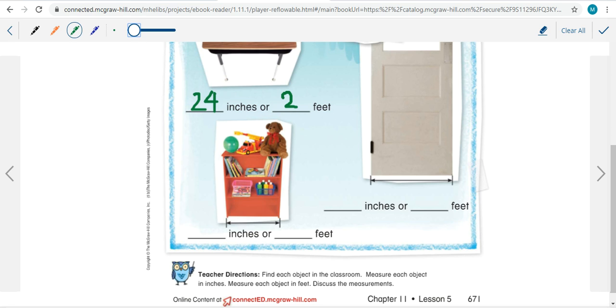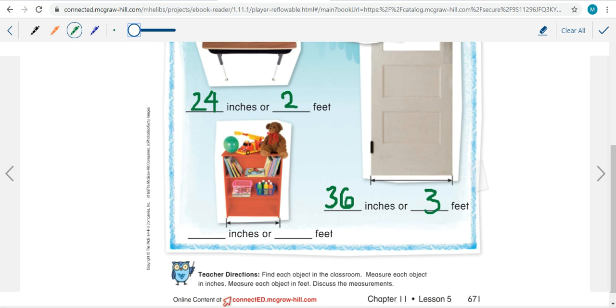I think it may be about 36 inches. And how many feet is that? Remember, 1 foot is equal to 12. 36 inches will be the same as 3 feet. Why? Because 12 plus 12 plus 12 is 36.